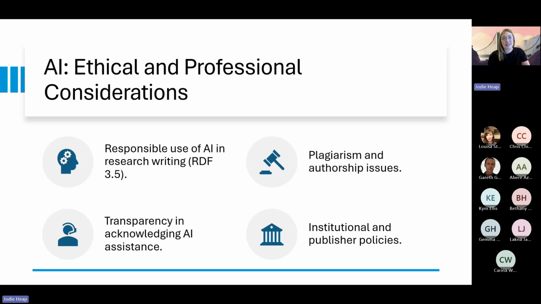And this means that we need to be transparent in acknowledging our use of AI. Again, in journal articles, particularly recently published ones, people are starting to acknowledge how they have used AI to support the writing of the article.